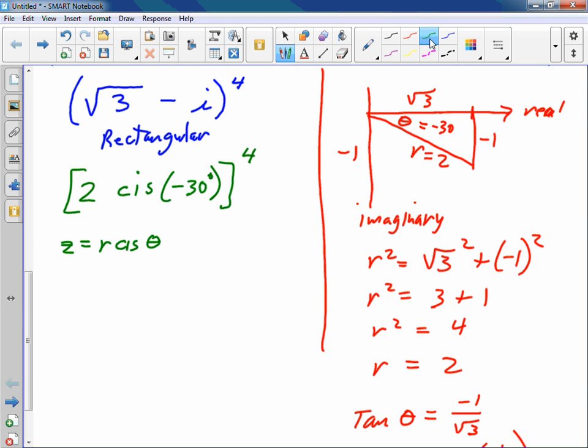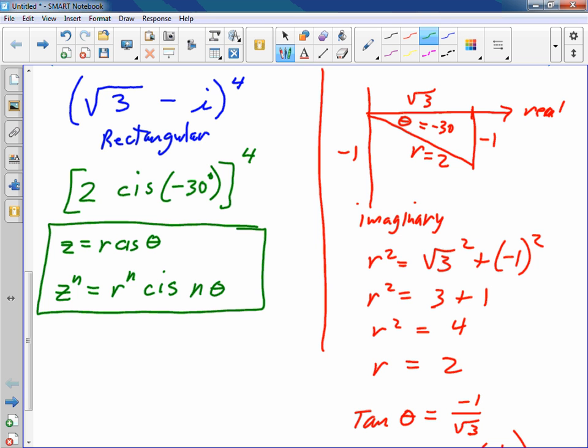So z equals r cis theta, so z to the n equals r to the n cis n theta. Okay? So we'll do that.